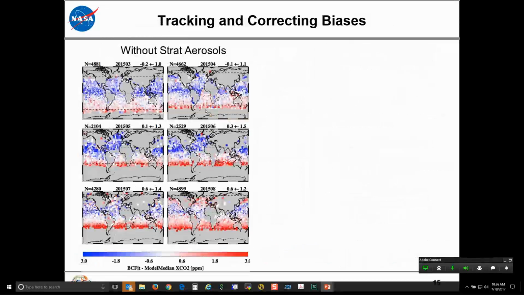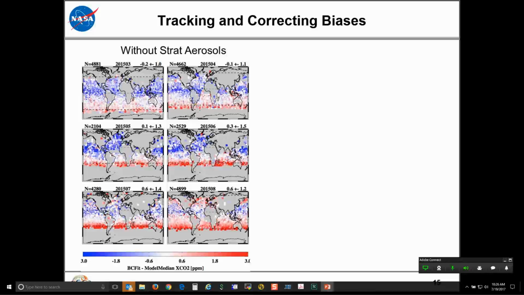One of the specific biases we've identified is most clearly seen in these figures that Chris O'Dell produced, where he compares the OCO2 measurements to a multi-model mean. So he takes a host of, half a dozen I should say, carbon cycle models. He compares the OCO2 measurements to it, and usually we get pretty good agreement within a few tenths of a ppm.